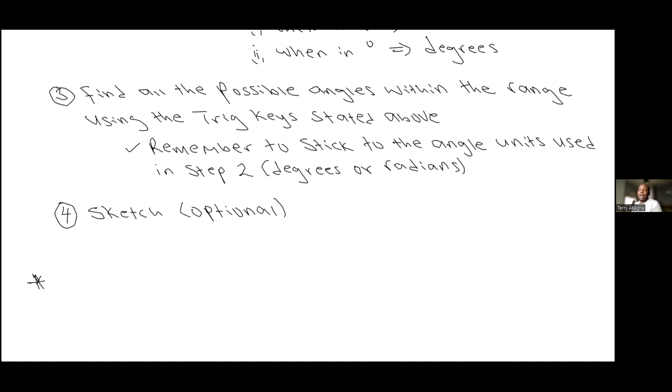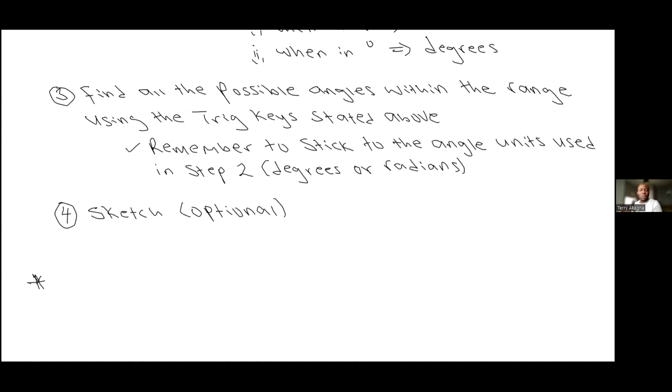So what I advise is that if you're comfortable with degrees, but the question is in radians, you can solve in degrees, but at the end of the day, you need to convert it back to radian. Or if you're comfortable solving in radian, you can solve in radian, but at the end you need to convert everything back to degrees.